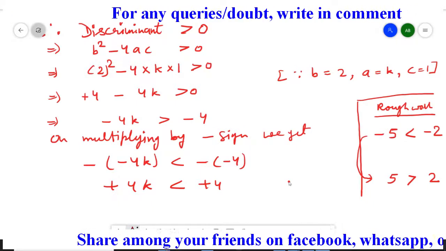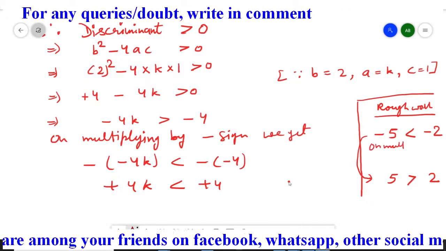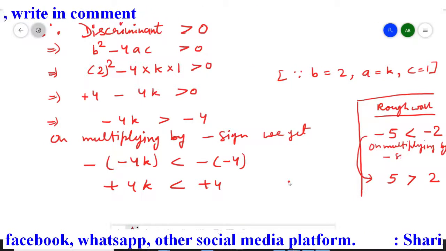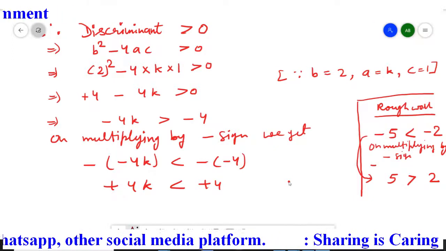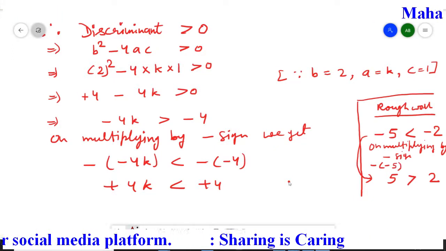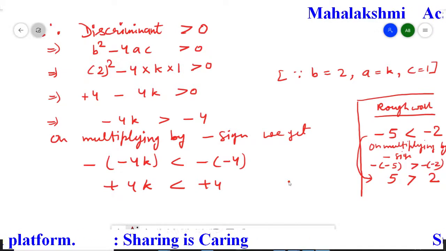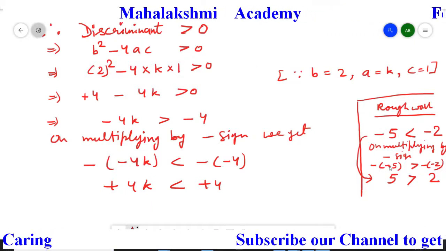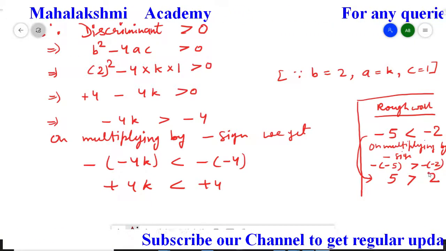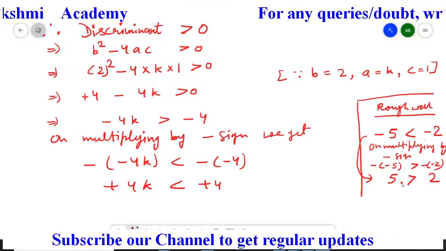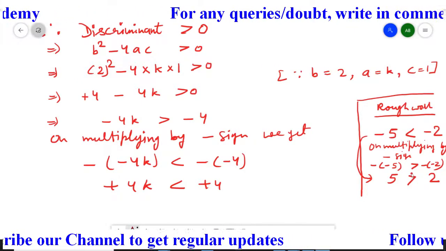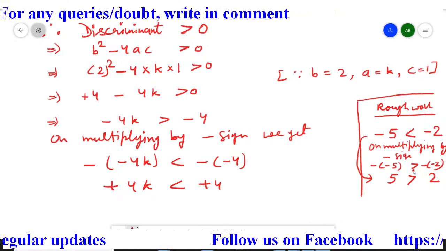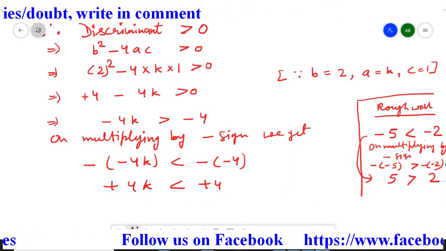On multiplying by minus, it happens like this: minus multiplied by minus 5, then greater than minus multiplied by minus 2. Minus into minus is plus, so you get 5 is greater than 2. That's why the symbols greater than and less than interchange if you multiply by minus. I hope it's clear to you.